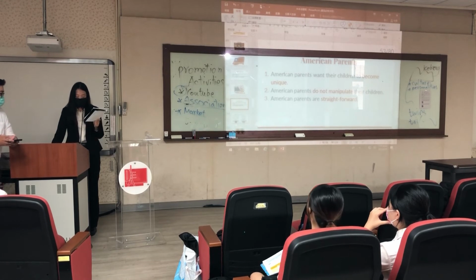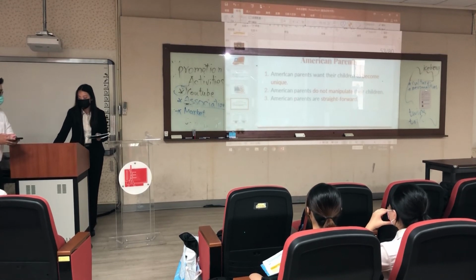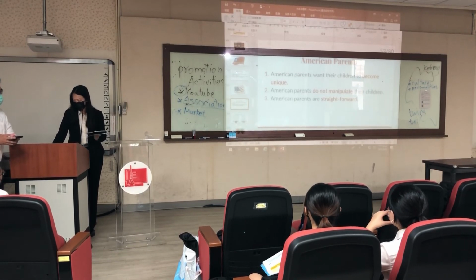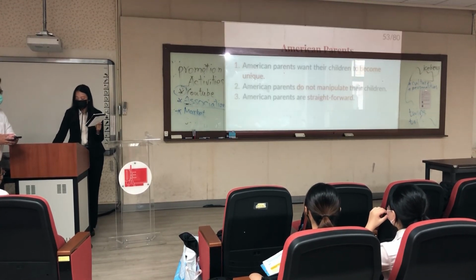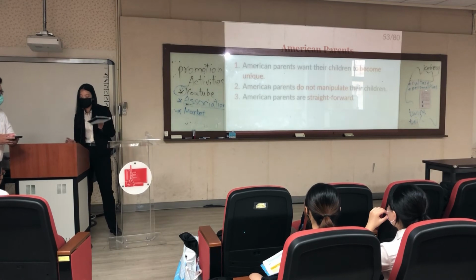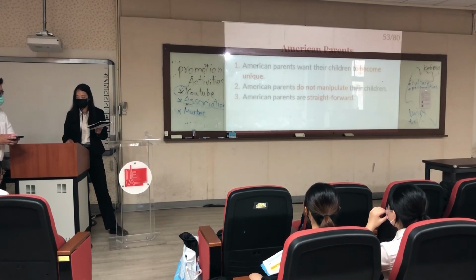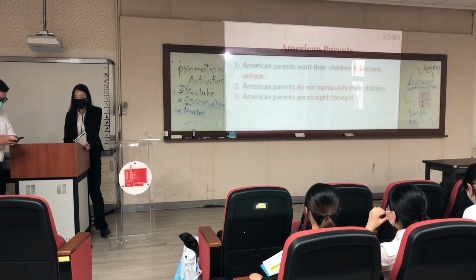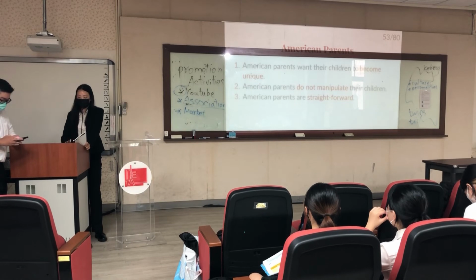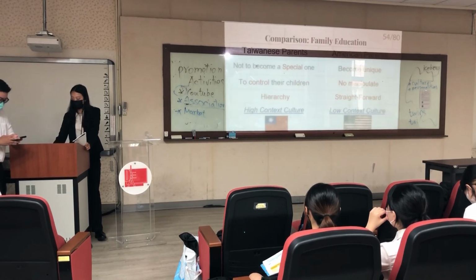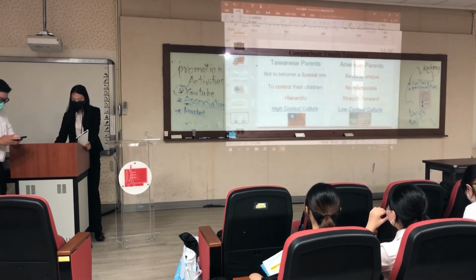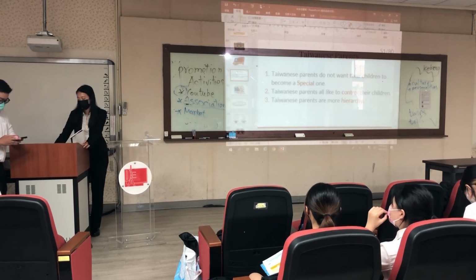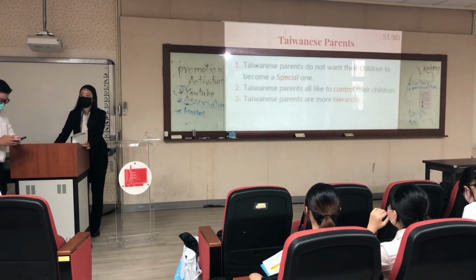Okay. As you can see on page 53, it's divided into three sentences: first, second, and third. It helps me to understand the American parents and also the Taiwanese parents slides, and also gives me the three details.